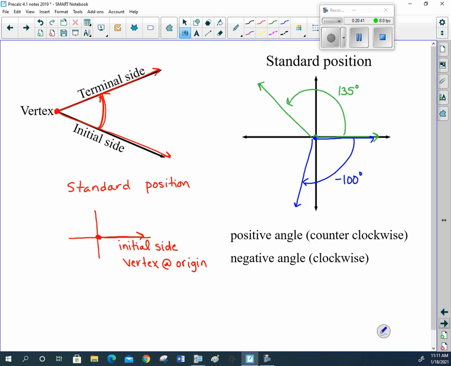So depending upon whether your angle measure is positive or negative, that tells you which way you rotated from the positive x-axis. We all have to start from the positive x-axis, otherwise we'd end up in different places in the coordinate plane. So that's our standard. Initial side is always the positive x-axis.